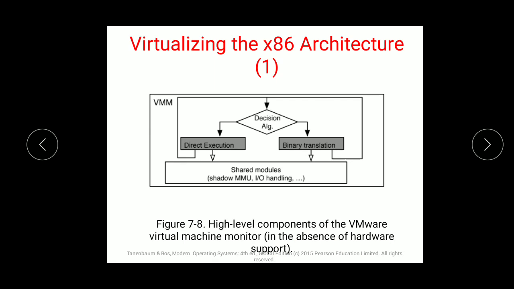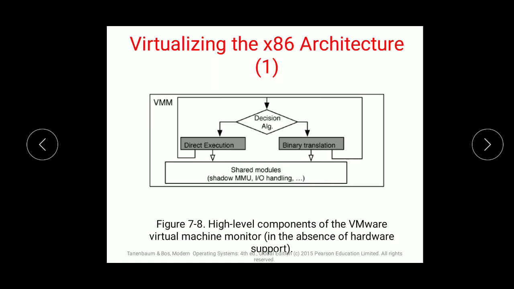When they replace your actual hardware with your virtual machine monitor, this is the scenario: you have a virtual machine monitor in which you have direct execution and binary translation, but your decision algorithm works on both. You also have hardware components, that is shared modules, shadow MMU, that is the main memory unit, IO handling, and device drivers.